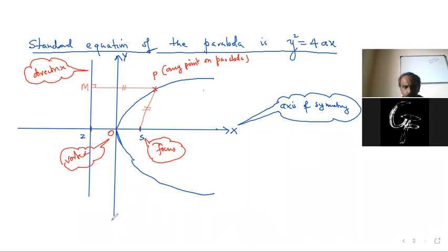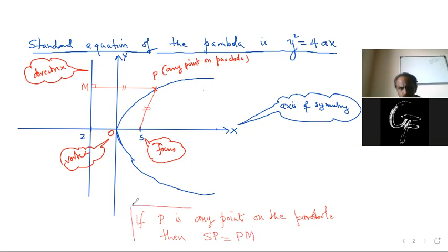So if P is any point on the parabola, then SP will be equal to PM.